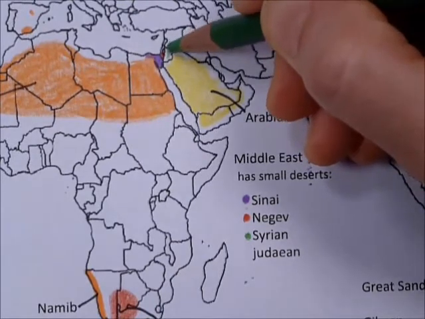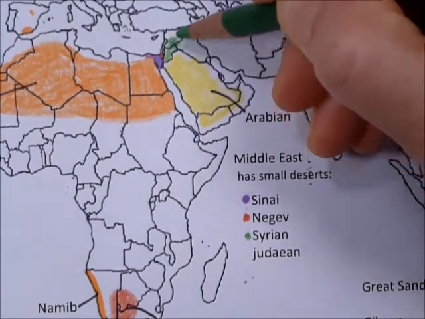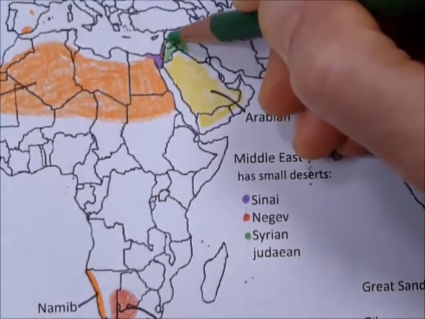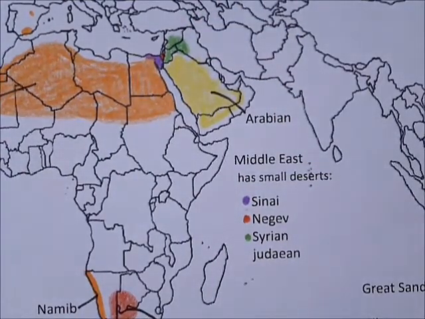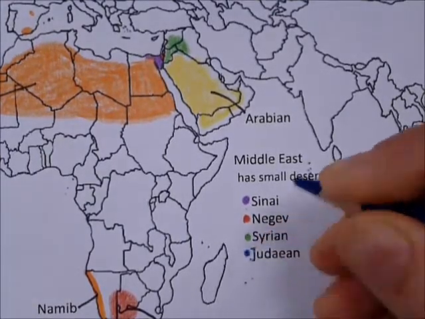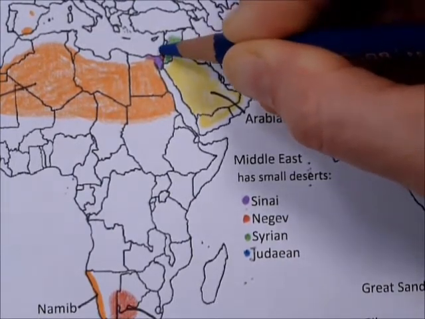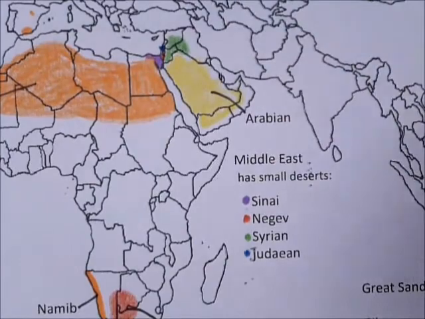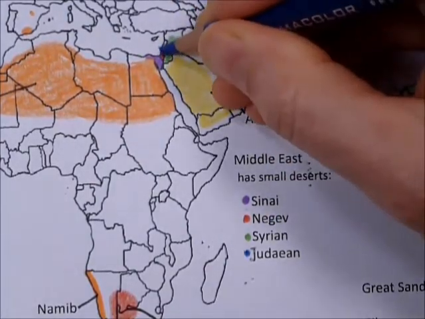Over here, it's kind of like parts of Syria into Iraq, kind of like that. And then the Judean, I'm not sure what's going to show up, maybe bright blue, I don't know. It's just going to be a little tiny dot right here. The land of Israel right there. So Israel has some of the Negev and Judean desert right there.